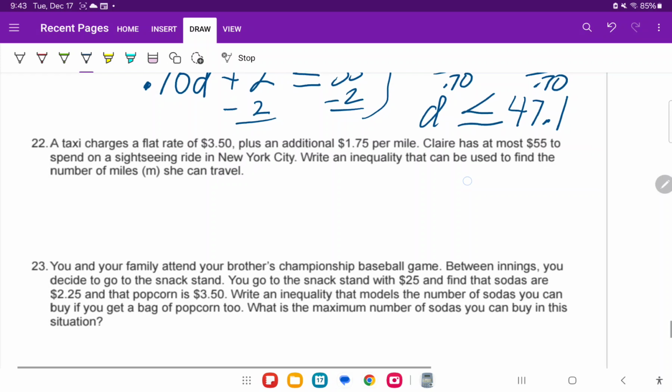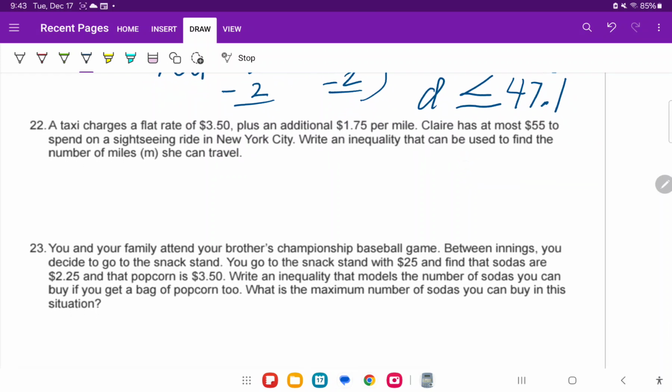Okay, a taxi charges a flat rate of $3.50 plus an additional $1.75 per mile. Claire has at most $55 to spend on a sightseeing ride in New York City. Write an inequality that can be used to find the number of miles she can travel.